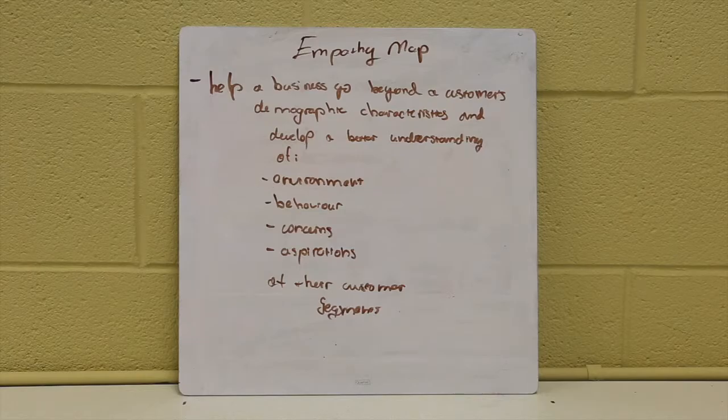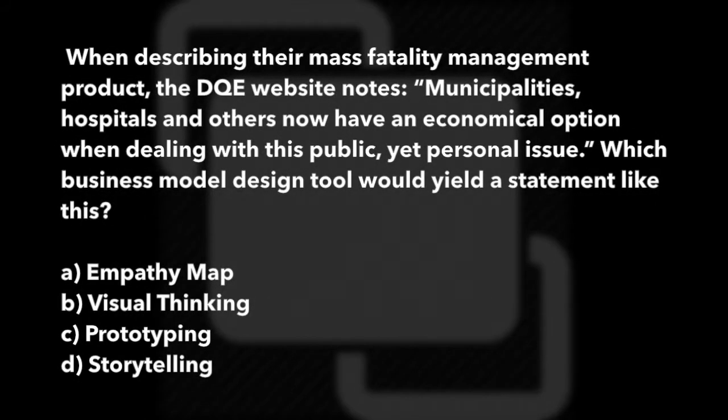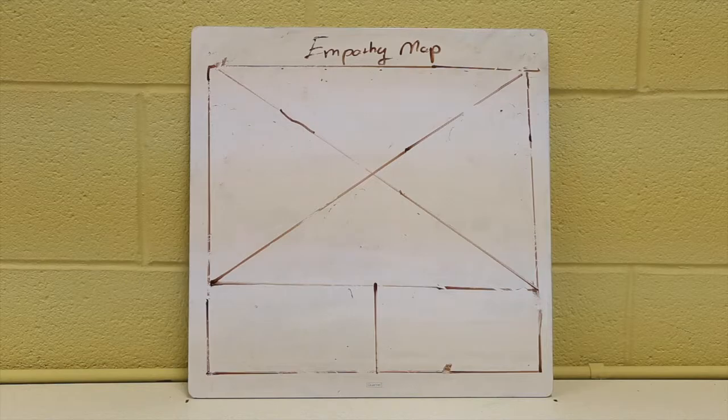In short, an empathy map is used to understand a firm's customer segment to a deeper level. What an empathy map looks like, taken from the textbook, is similar to this.